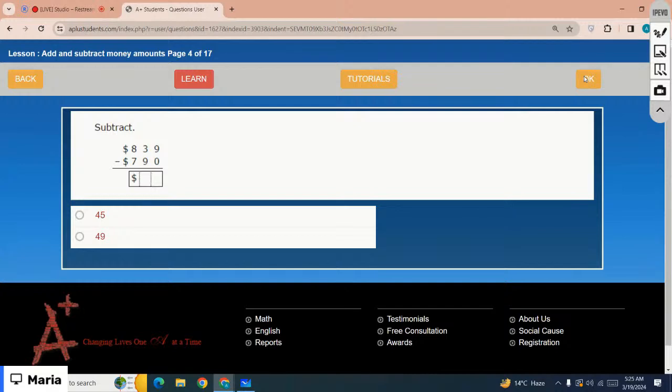Subtract $839 minus $790, which is the correct option?